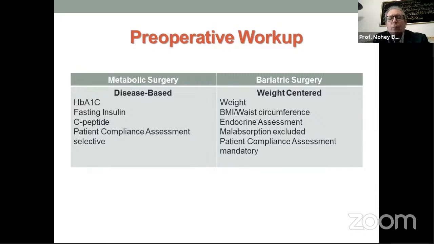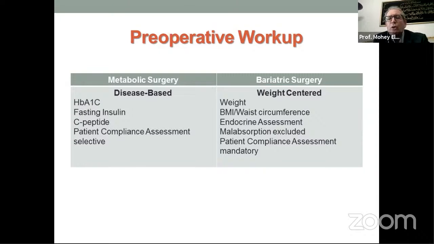For metabolic surgery, we need to measure preoperatively hemoglobin A1C, fasting insulin, C-peptide, and we need to assess the patient's compliance, and we need to be selective, meaning how to select the proper procedure for the proper patient, because we have many metabolic procedures I will be talking about.